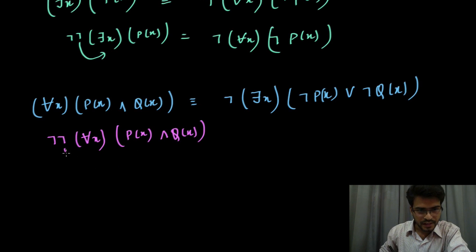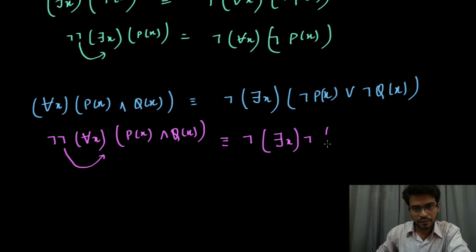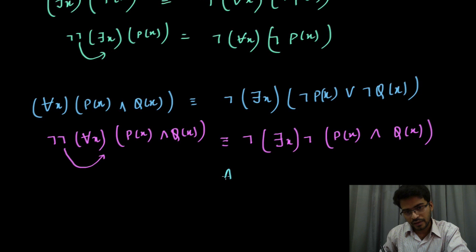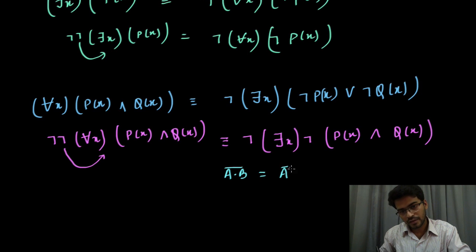Now I will take this negation sign and move it inward. If I move inward, the quantification will change, so it will become there exists x, then not of P(x) and Q(x). Now from De Morgan's law we know that the bar of a dot b equals a bar plus b bar.